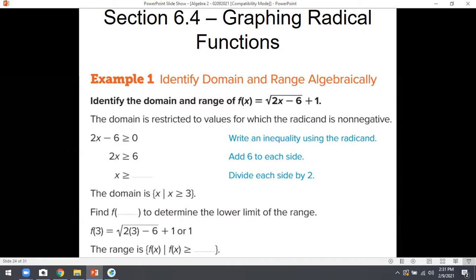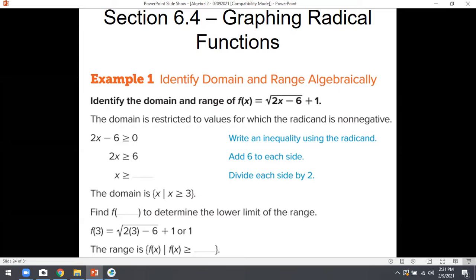The x coordinate of your vertex is where the stuff under the root, only the stuff under the root, equals the magic number 0.